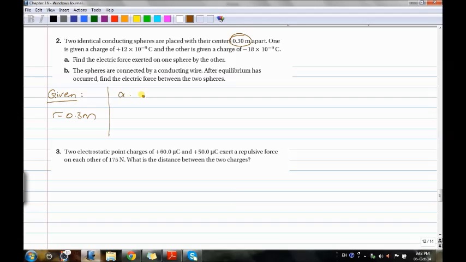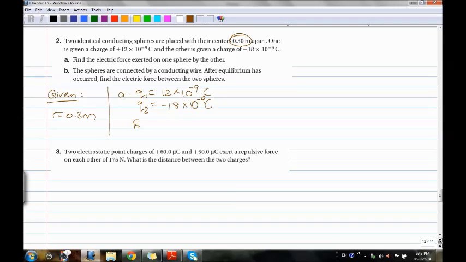So for A, the givens are Q1 and Q2. Q1 is 12 times 10 to the power of negative 9 coulomb, and the other one, Q2, is negative 18 times 10 to the power of negative 9 coulomb.